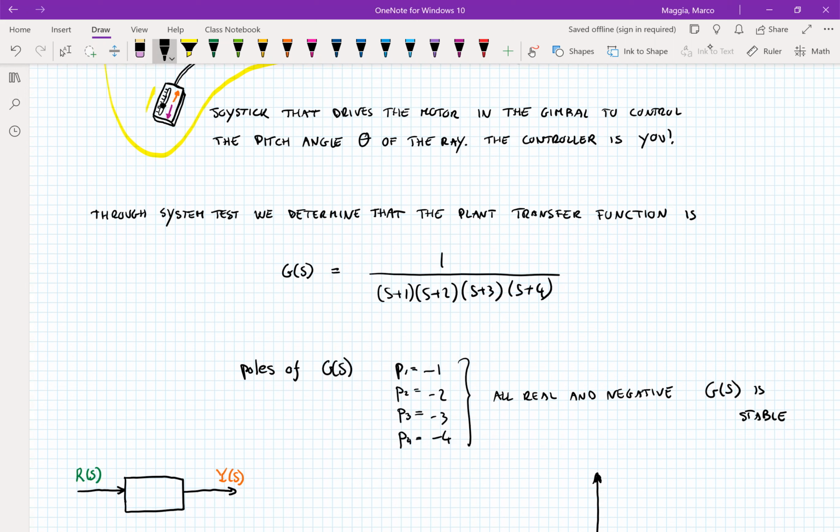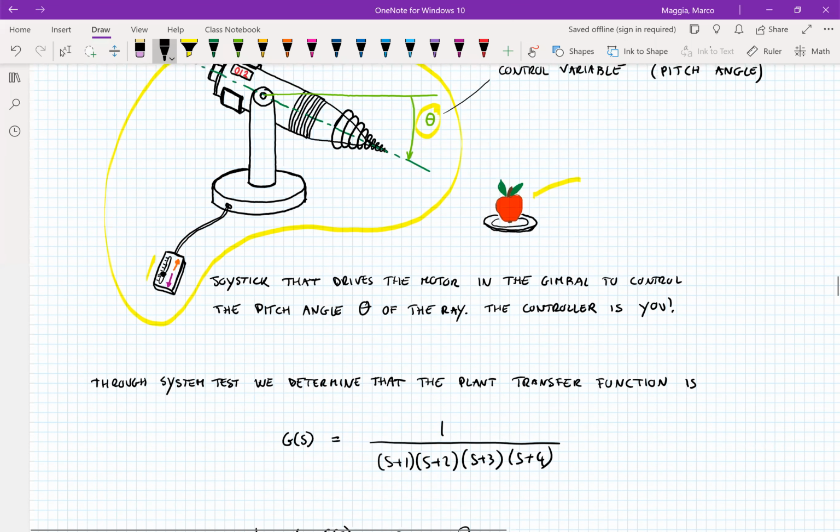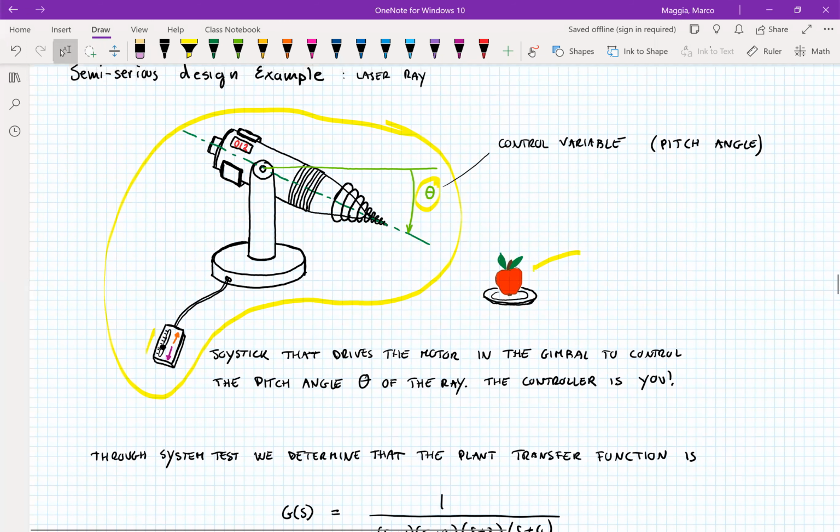You see that all these poles are real and negative. Therefore, your system is stable. So there's no risk of you applying some input to the joystick and having the laser ray going madly one way or another. It will still stabilize to a certain angle eventually.